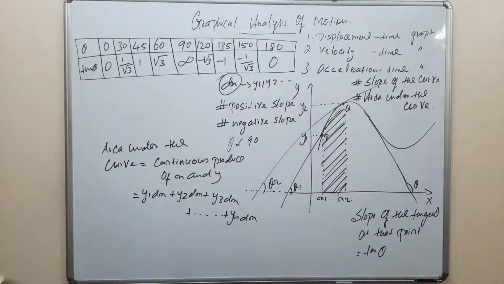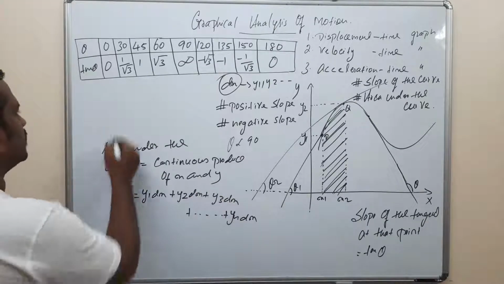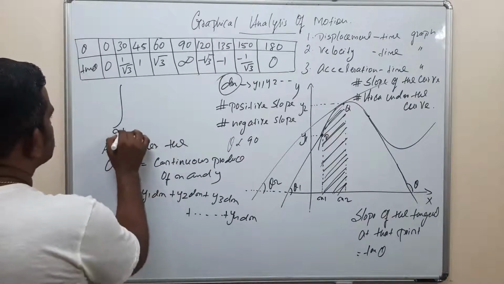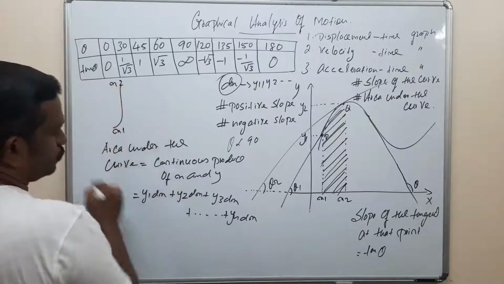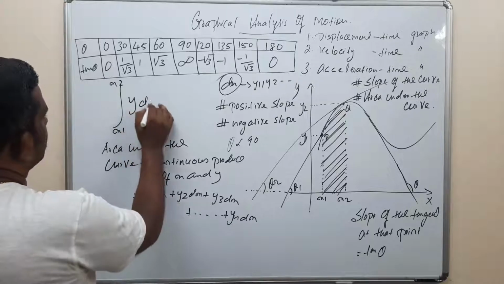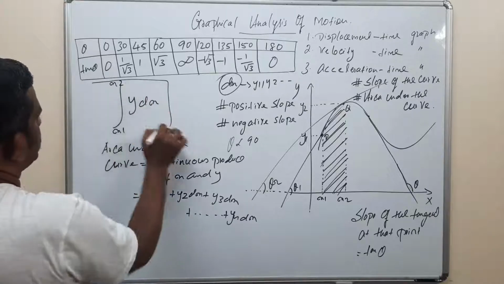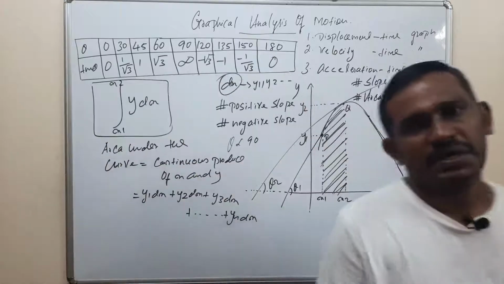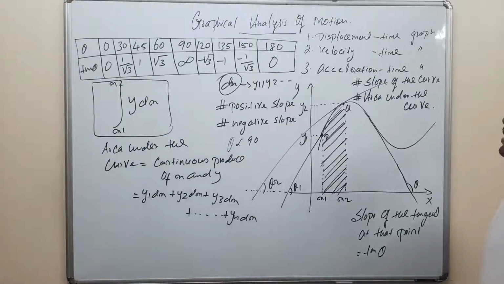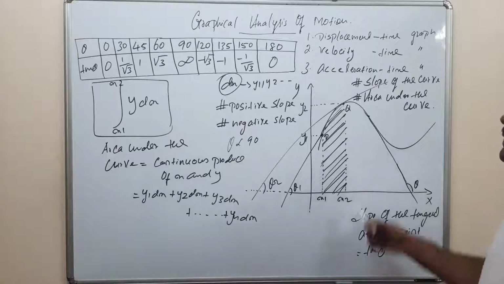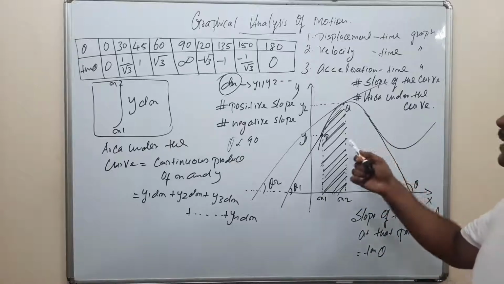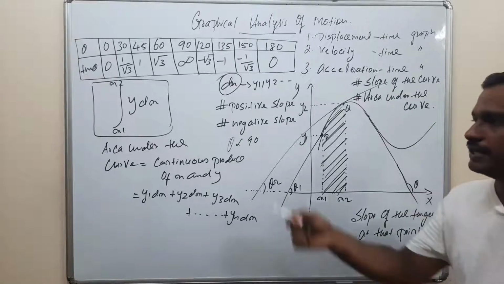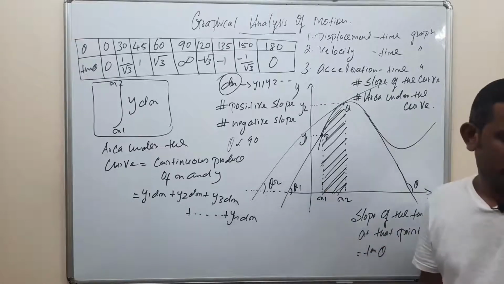That is nothing but the integration from x1 to x2 of y dx. So this is the area under the curve. Clear? So that covers slope of the curve, positive slope and negative slope, and area under the curve.